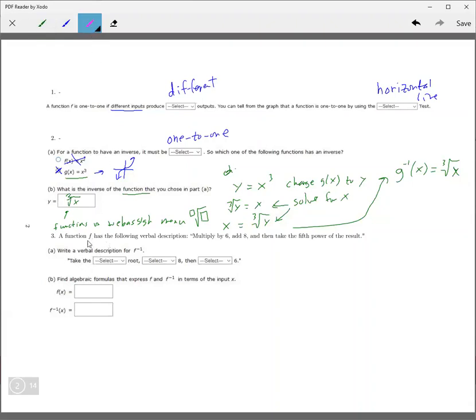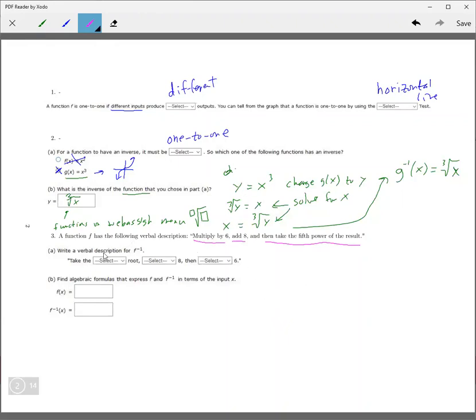Okay, so sometimes you can figure out the inverse, f inverse, from this verbal description. Here you have a function: multiply by 6, add 8, and then take the 5th power of the result.